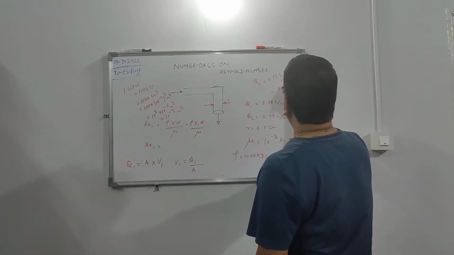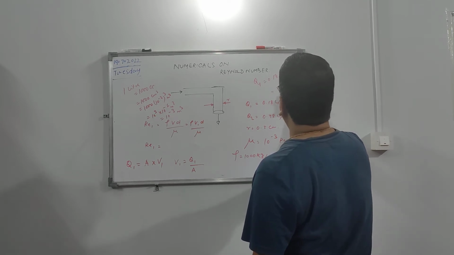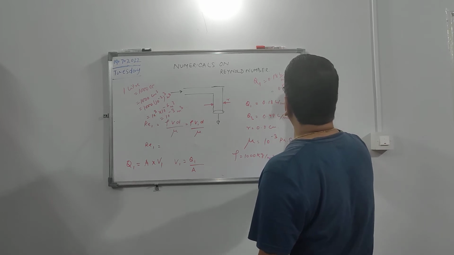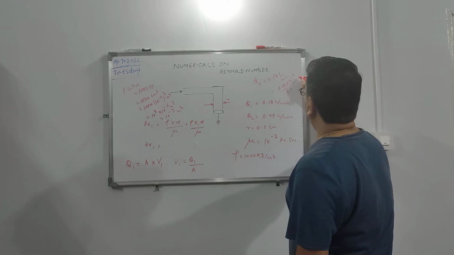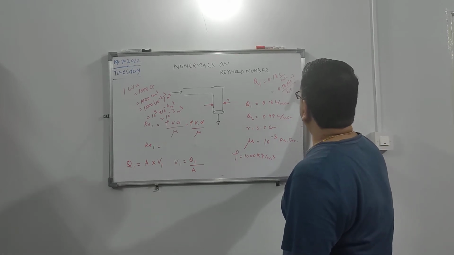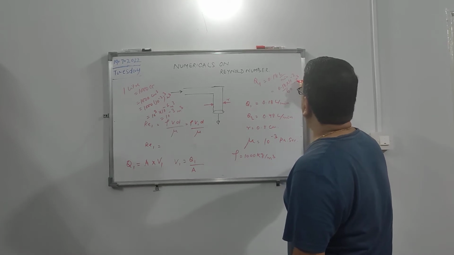So this becomes 0.18 into 10 to the minus 3. This is this many liter per minute. So that means 60 seconds. This becomes meter cube per second.